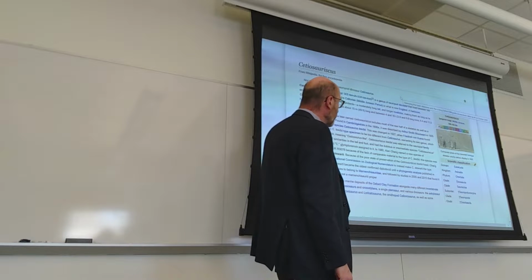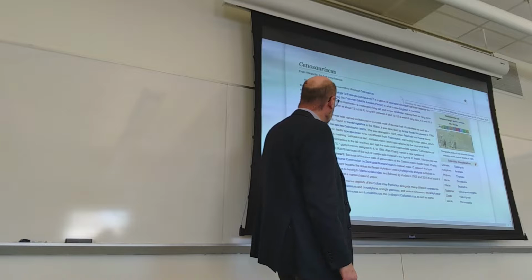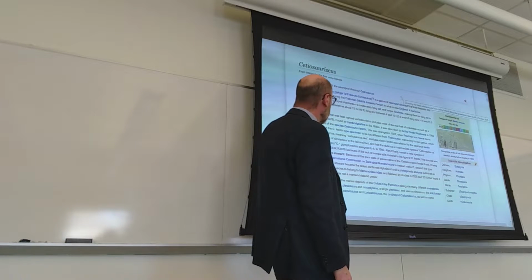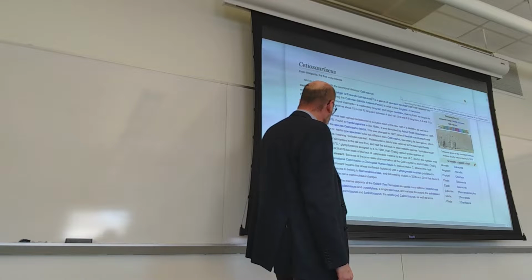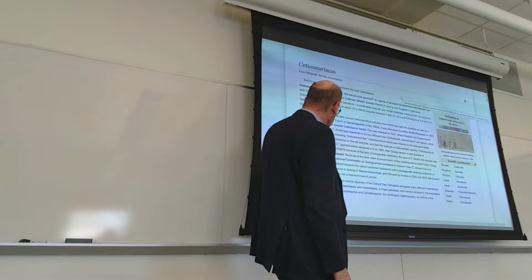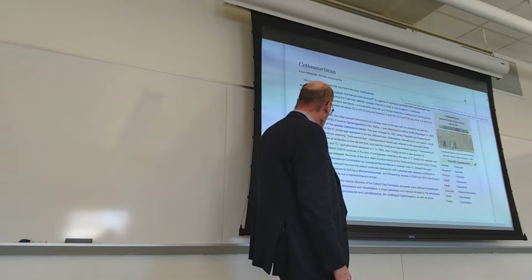The third paragraph may include information about the classification or the origin of the name, if it is a place, for example, some of the history, etc. In this case, what you find in here is where the remains of this dinosaur were found.